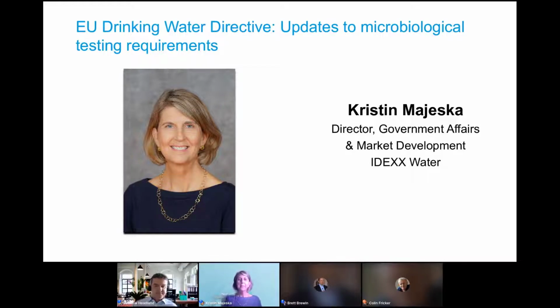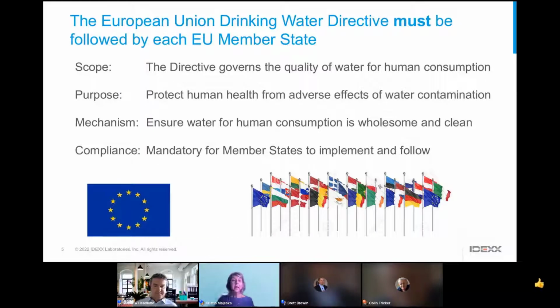Thank you, Andy. So today I'll be talking about the recent update to the Drinking Water Directive for European Union countries. The Drinking Water Directive covers the quality that must be maintained for all distribution system water, which ultimately reaches the tap and could be used for drinking, cooking, etc. The goal, of course, is to protect the public from illness and even death, which can be caused by contaminated water.